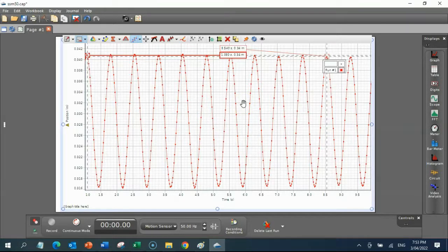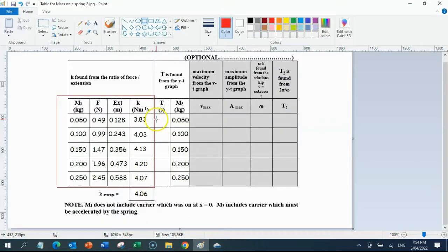And what that means is that the time for 1 is 0.74. So that needs to go into the table here, 0.74.